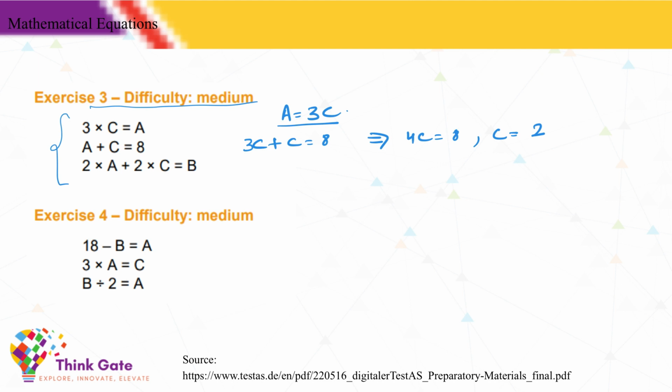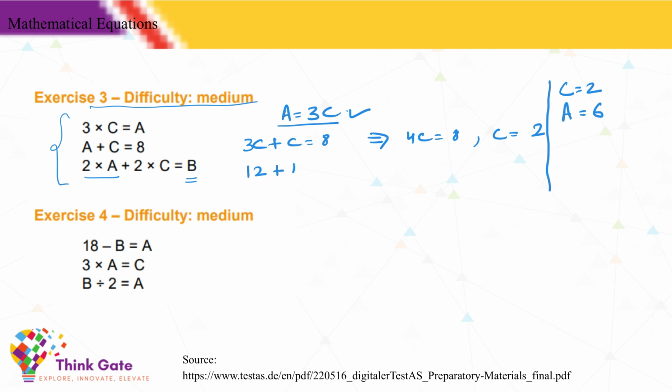So c is equal to 2, and then a becomes 6 because a is equal to 3c. Out of this information we can find the value of b. It becomes 2 into a, and 2 into a is what? A is 6, so it becomes 12, and 2 into c is what?